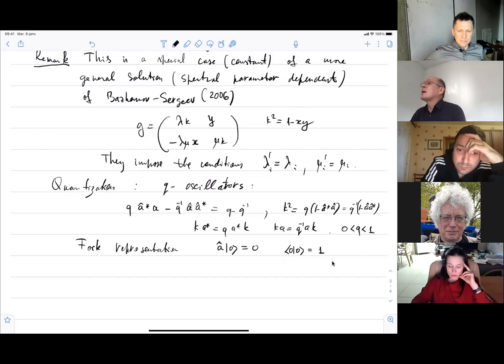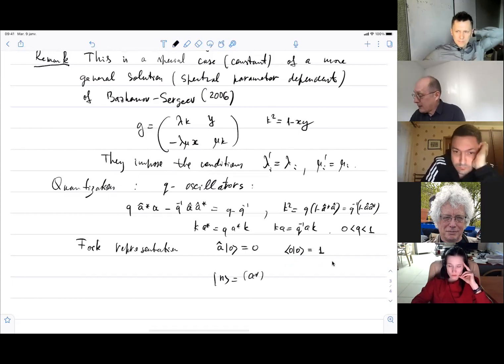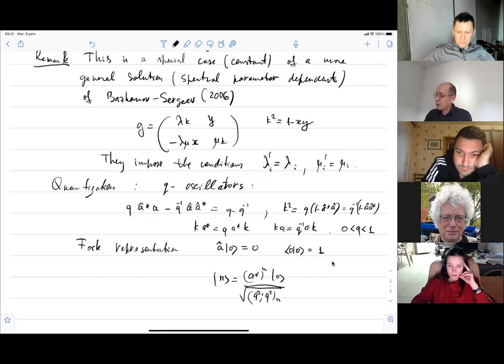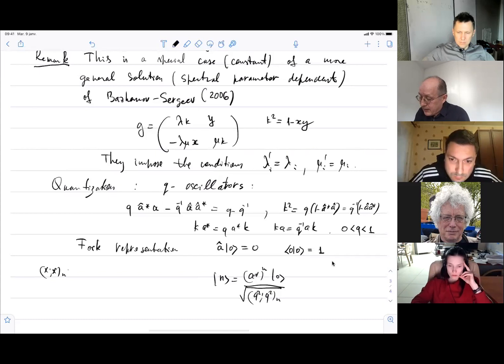Then they will be a normalized orthonormal basis, which is A star to the n acting on this vacuum divided by the square root of Q squared n. So this is a Q factorial, let me write it: a product of (1 minus x squared) up to (1 minus x^n).